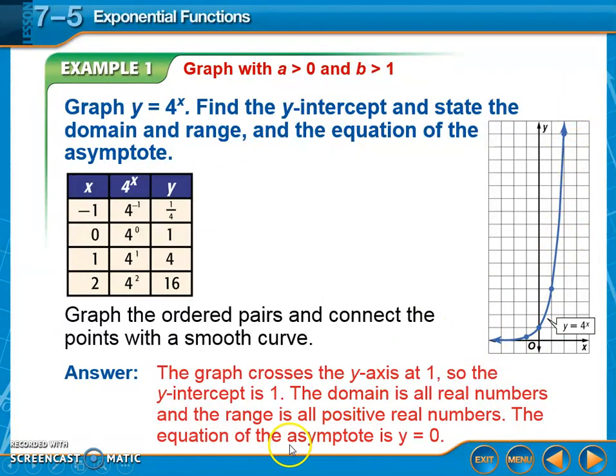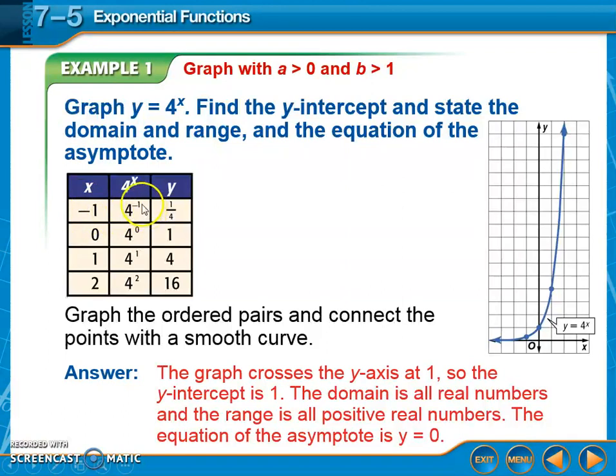Now, there's a new word, the asymptote. That is this line right here that this blue line approaches but will never touch. It will never touch y equals 0. It might be right next to it, but it will never cross y equals 0.